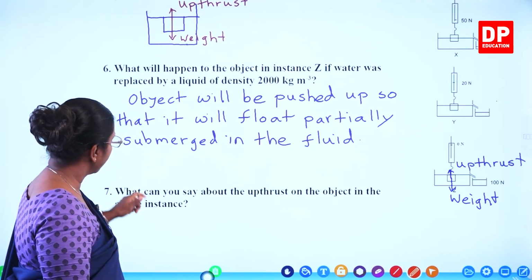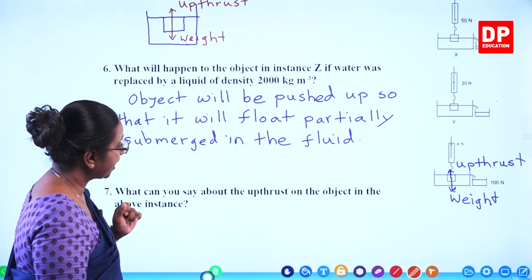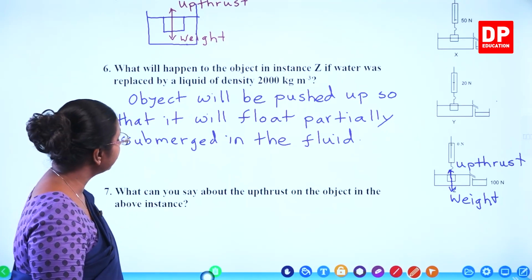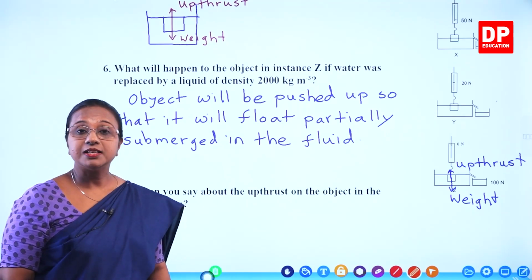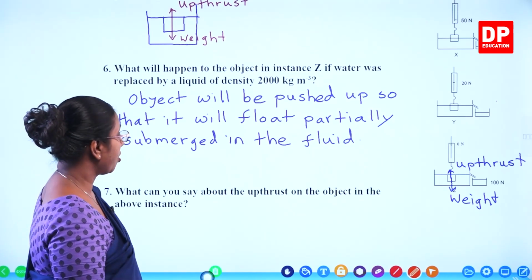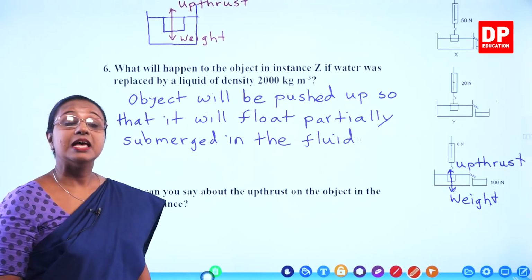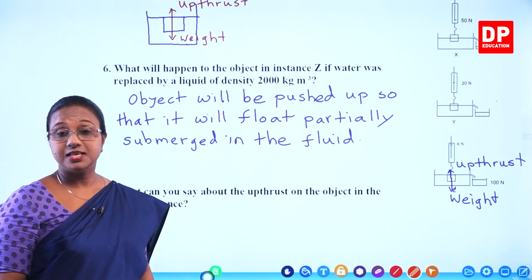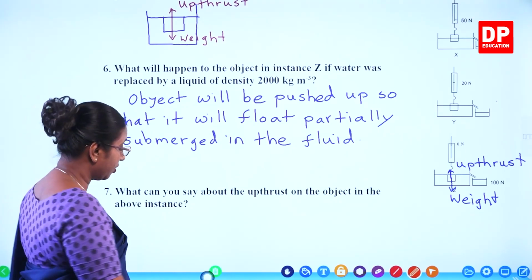Then the seventh one. What can you say about the upthrust on the object in the above instance? There also the upthrust is equal to the weight of the object.